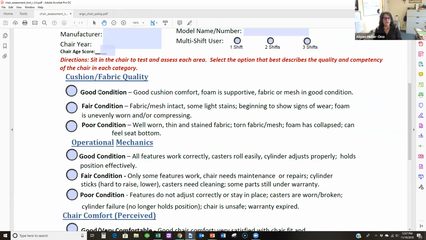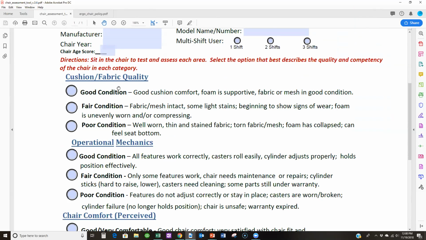And then you're going to sit in the chair to test and assess each area. Select the option that best describes the quality and competency of the chair in each category. So before I talked about good, fair, and poor, or acceptable, excuse me, not acceptable being poor, acceptable, and good. That's where these terms come from.